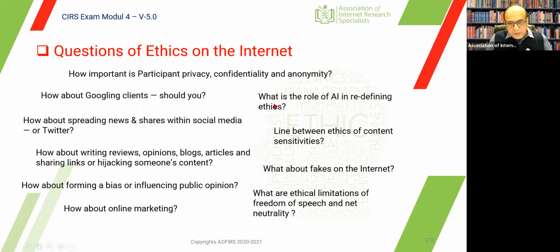Now, what is really coming into play as more of an issue, rather than for anyone to control or dictate as part of the legal system, which cannot cover enough ground, is to define how artificial intelligence is going to impact the ethics of using the internet.